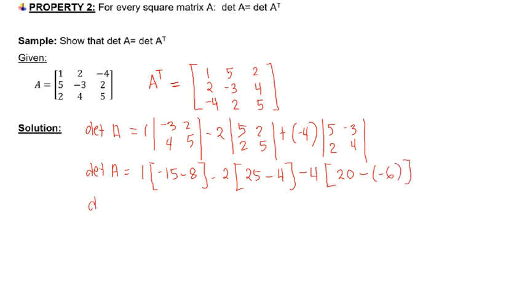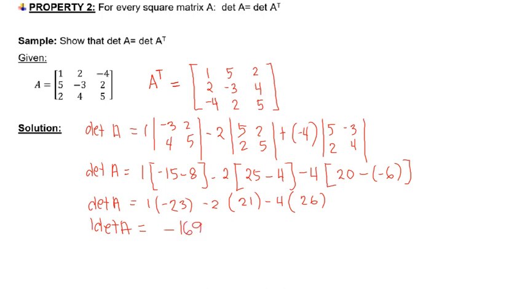So our determinant of A is equal to 1 times negative 23 minus 2, that is 21, minus 4, that is 26. So ang determinant of A natin is equal to negative 169. So dapat ang determinant of A natin equal siya sa determinant ng transpose ng matrix A.